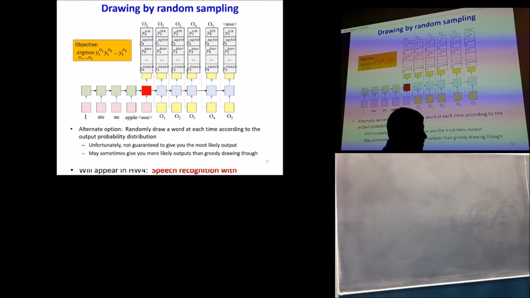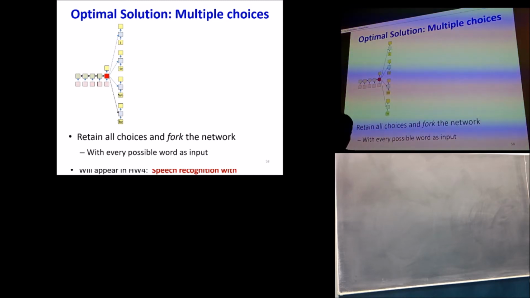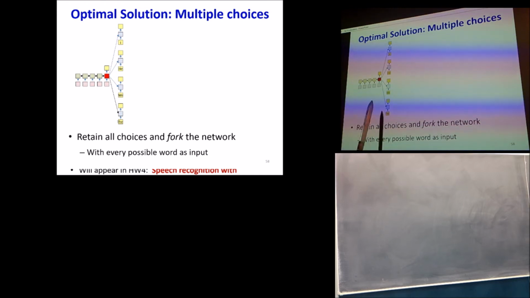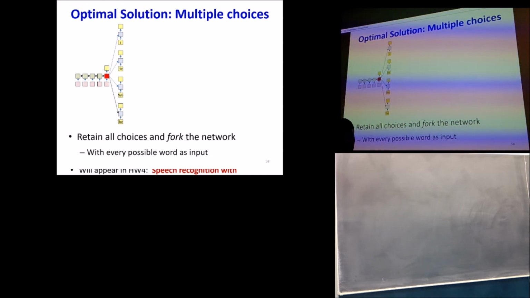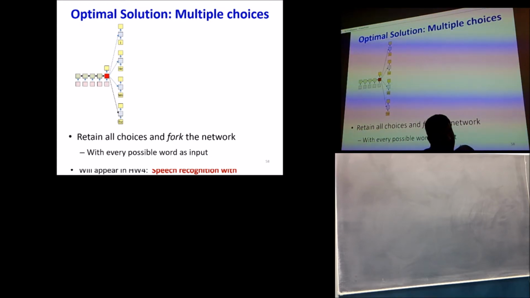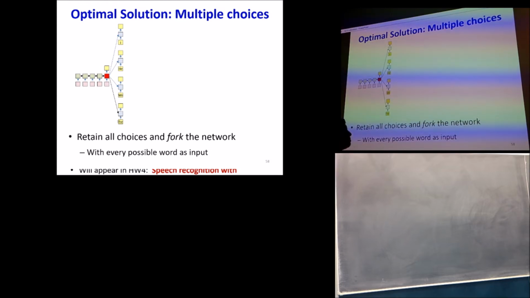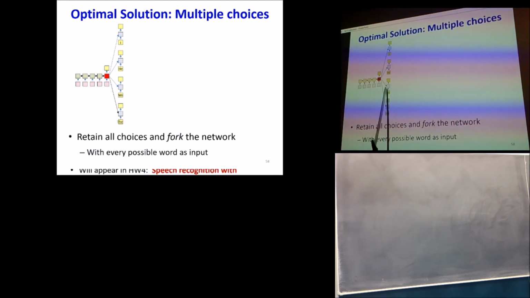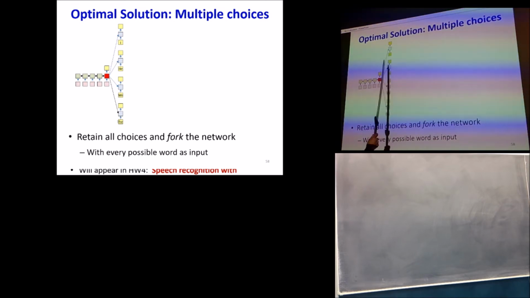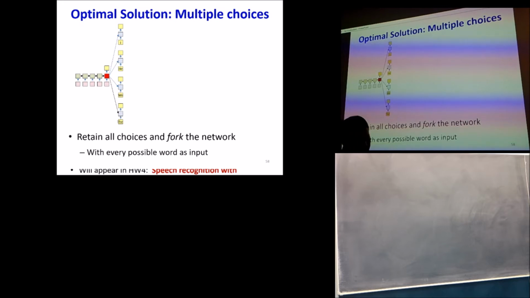So to guarantee that you get the most likely output sequence, you have to go one step further. At each time, you want to retain all possible choices. So at time t equals 1, you get a probability distribution over words, but then you retain all possible words. And so now this means that this network must be forked, and you must make one copy of the network at the next time for every possible word in the vocabulary.